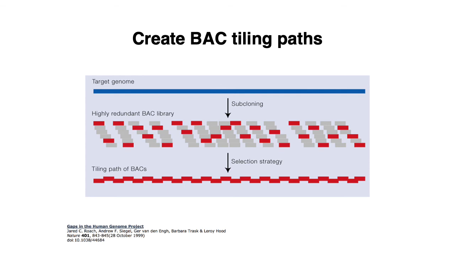So in order to do hierarchical shotgun sequencing, you want to take your original highly redundant BAC library and select a subset of BACs that are not that overlapping with respect to the original genome. Because the less overlapping each BAC is, the less wasted sequencing happens, right? If you're sequencing a whole bunch of BACs that have a lot of overlap, you're wasting money because you're sequencing the same thing over and over. So you want to make sure that the BACs that you actually sequence are not that overlapping.